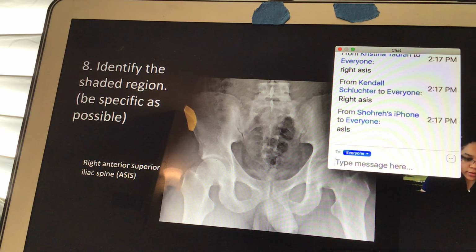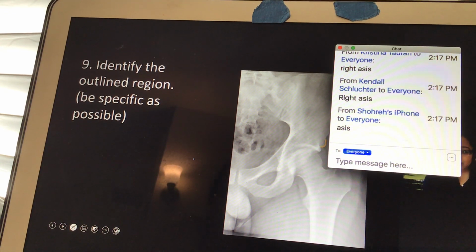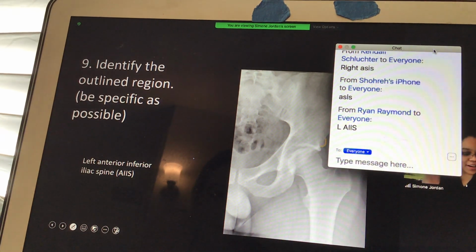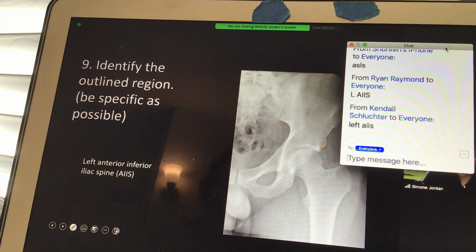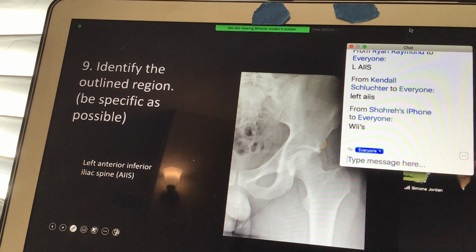And then here would be our AIIS. So I just gave you that answer. So this would be our left AIIS, anterior inferior iliac spine.